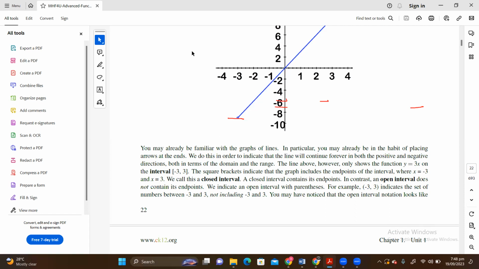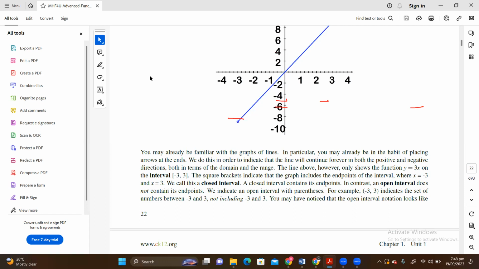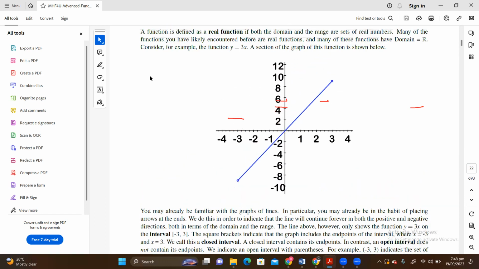Okay, now just listen to me. If I have the graph that is shown in front of you, and on this graph I put arrows like this, it means the graph is going towards the positive direction and negative direction on both the x and y axes. So it's going towards infinity, positive infinity and negative infinity. But here there are no arrows.